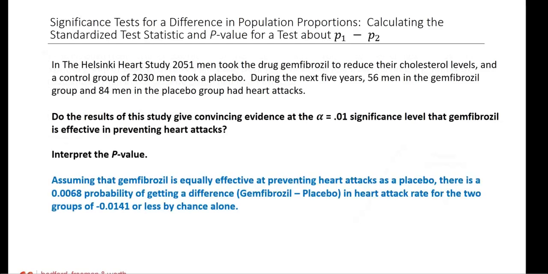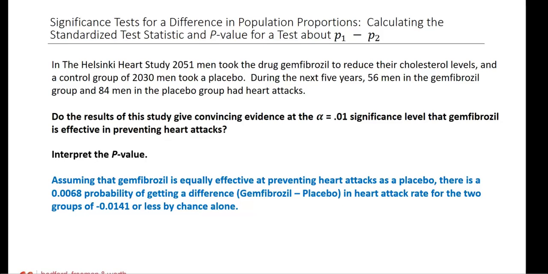Let's see what they wrote. Okay, so assuming Gemfibrozil is equally effective, assuming there's no difference, there's a 0.68% probability of getting a difference in heart attack rate for the two groups of negative 0.0141 or less by chance alone.